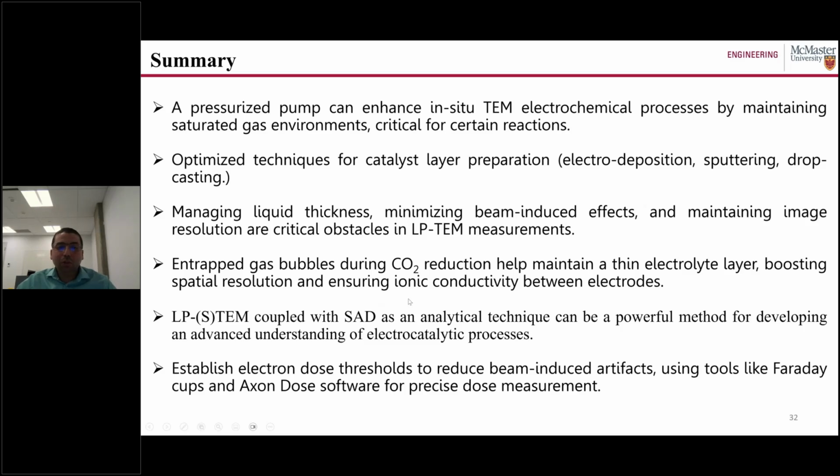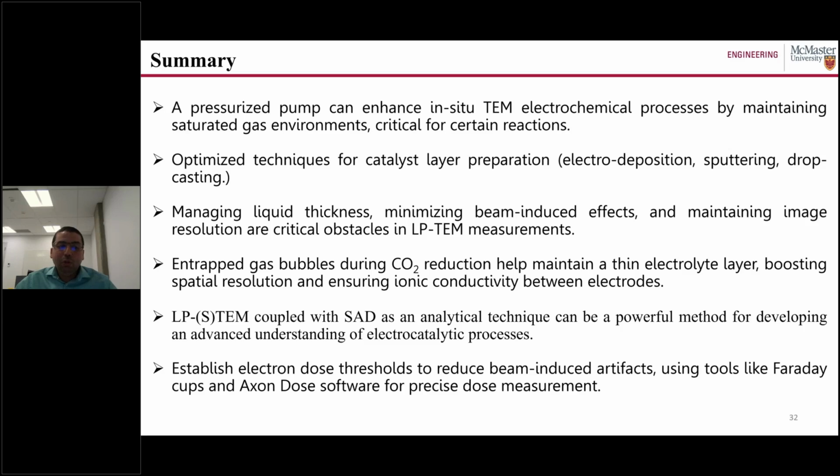You can also control the bubble formation to enhance resolution. And by coupling in situ liquid TEM with selected area diffraction, you have a powerful technique for understanding phase transformation under real conditions.